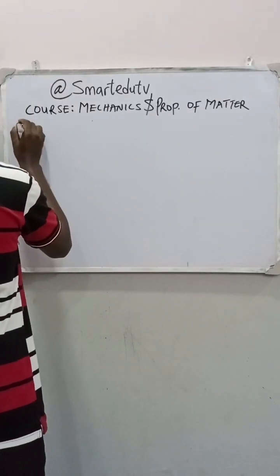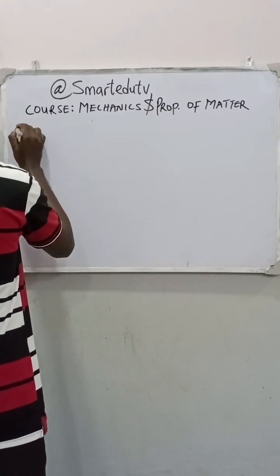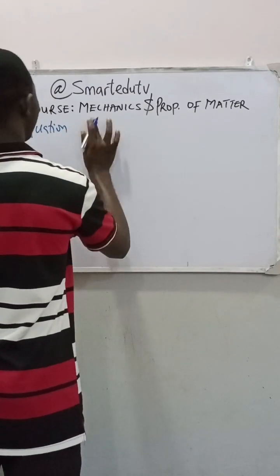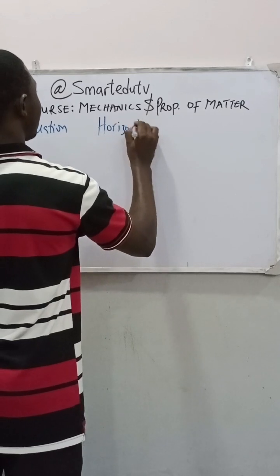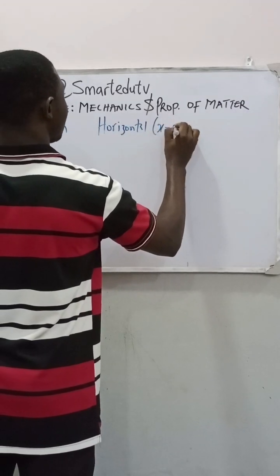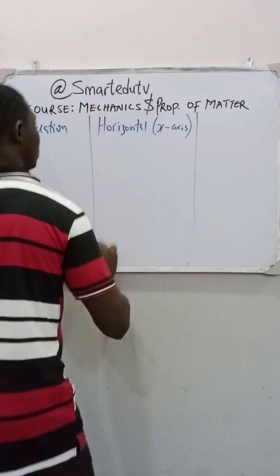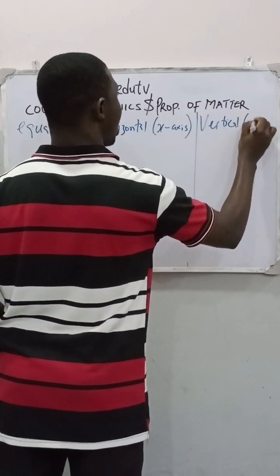So our equations of motion, or our Suvat equations, let's see what happens along the horizontal, that is the x-axis, and along the vertical, that is the y-axis.